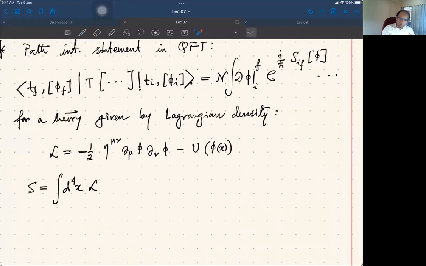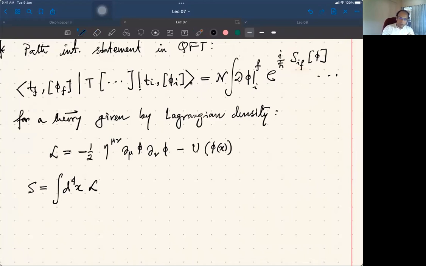When you use it here, S_if will have a time integration which is ti to tf. Okay, that's the significance of this i comma f.